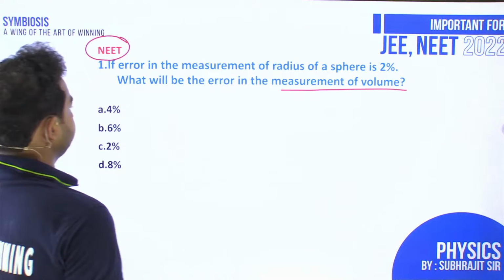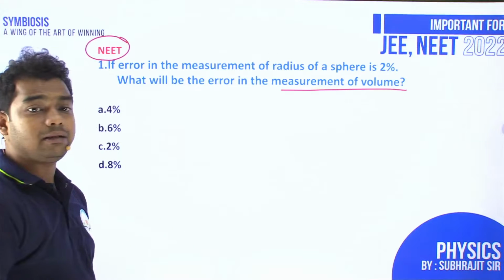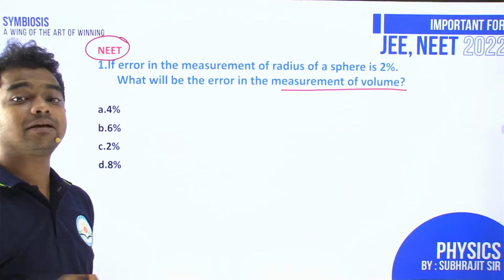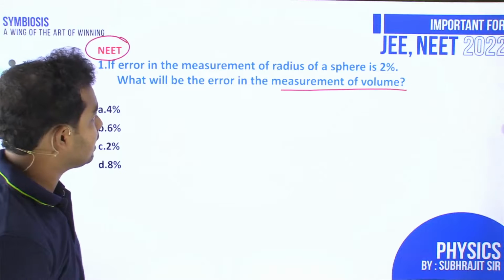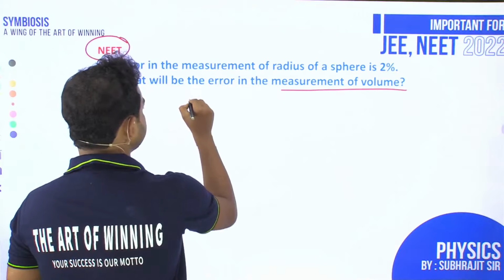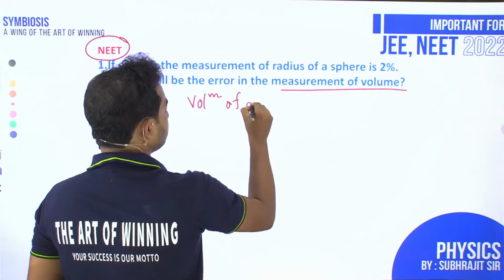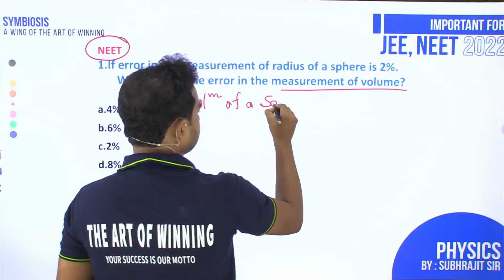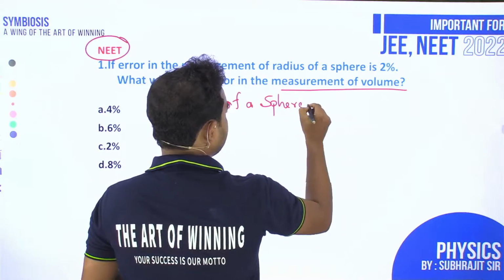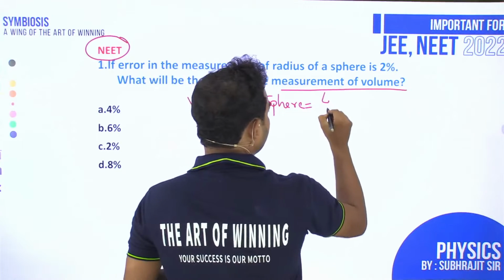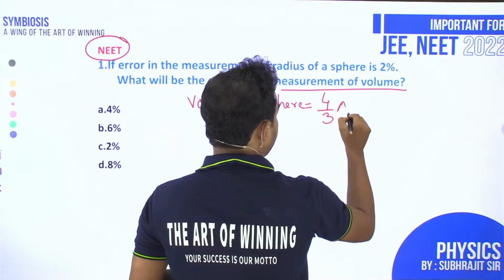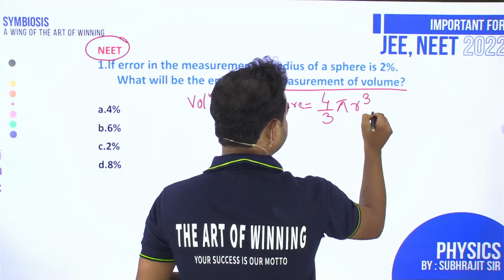So you see that here the question is what will be the error in the measurement of volume. Here the volume of a sphere is 4 by 3 pi r cube.